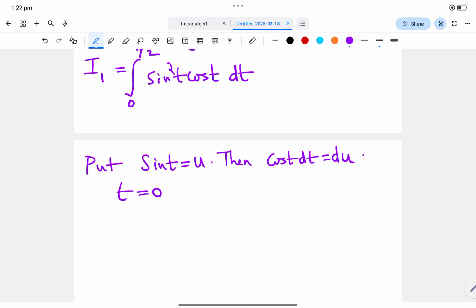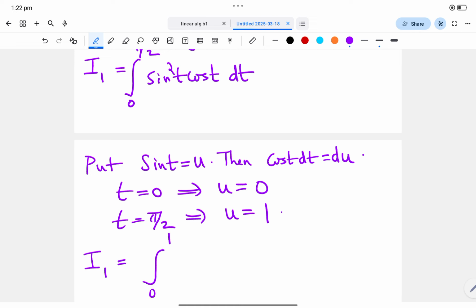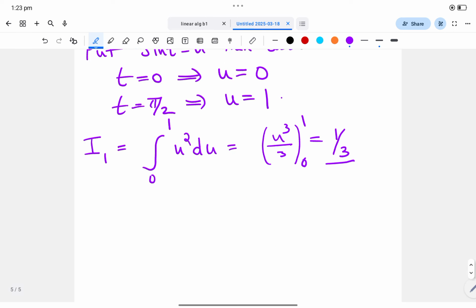When t is equal to 0, u is equal to 0, and when t is equal to pi by 2, u is equal to sin pi by 2, which is 1. Therefore our integral I1 becomes integral 0 to 1 u square du. This is equal to u cube by 3 between the limits 0 and 1, and this gives the answer 1 by 3. So we obtain that the value of the integral I1 is equal to 1 by 3.